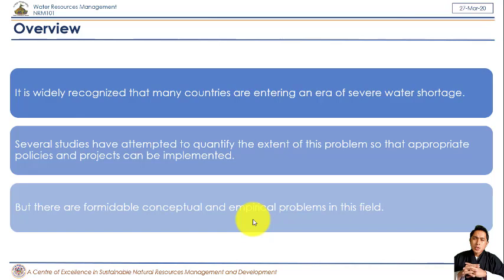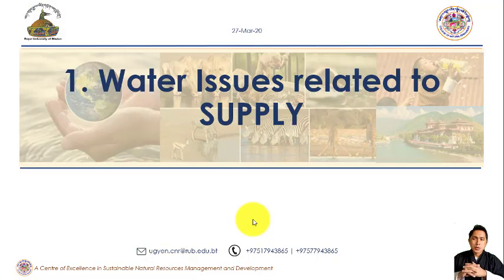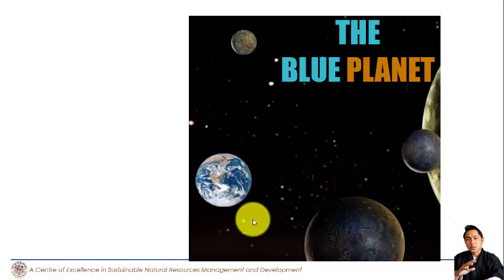So solving water issues throughout the world, specifically related to supply and demand, is basically country specific and community specific. So let us delve into what exactly the issues related to the supply of water and the water demand are. Let us look at the issues related to supply of water resources.